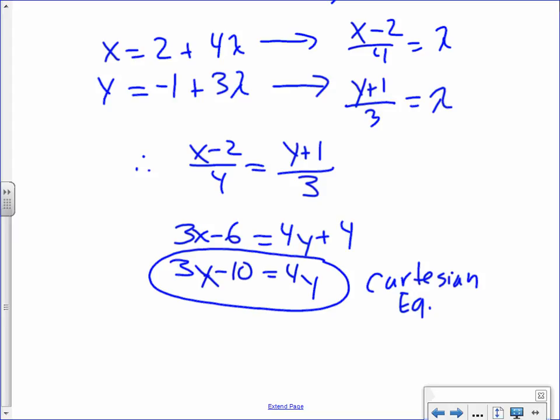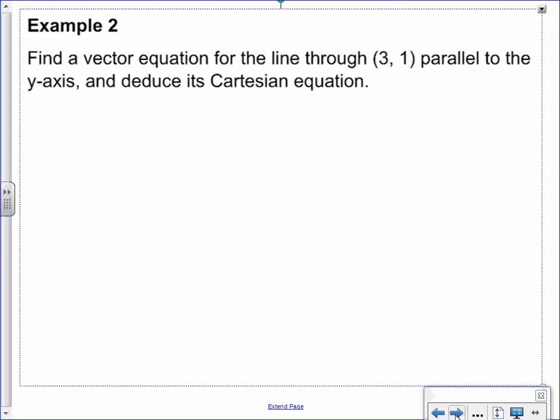She did this already. Excellent. Moving forward. Find a vector equation for the line through 3, 1 parallel to the y-axis.